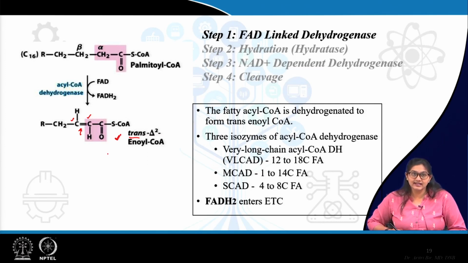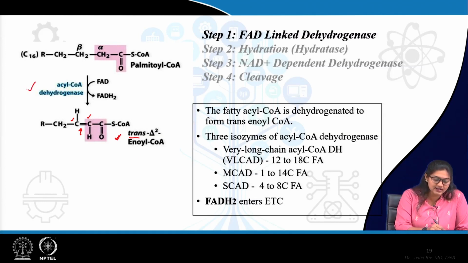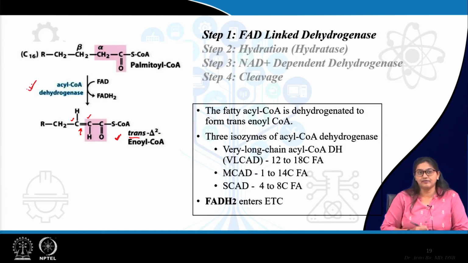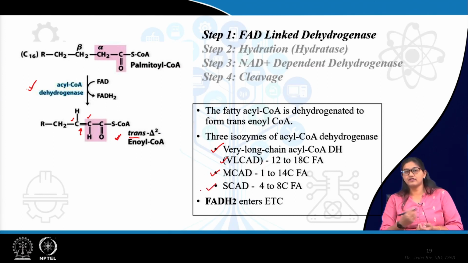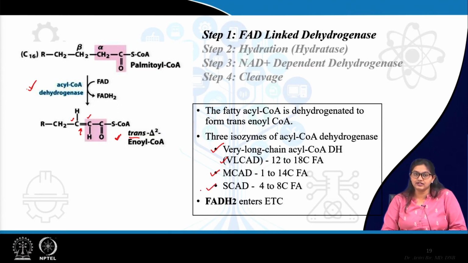Now, this enzyme acyl coenzyme A dehydrogenase is an FAD linked enzyme and has multiple isoforms based on chain length. For very long chain fatty acids, there is very long chain acyl coenzyme A dehydrogenase, VLCAD; similarly MCAD, medium chain acyl dehydrogenase; and for short chain fatty acids, short chain acyl dehydrogenase.